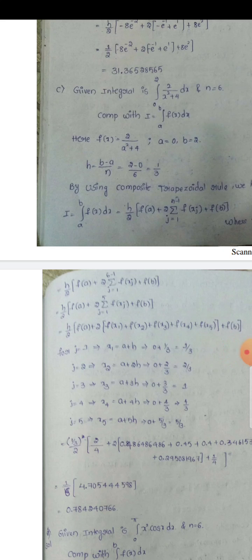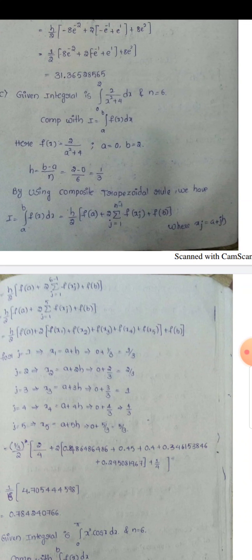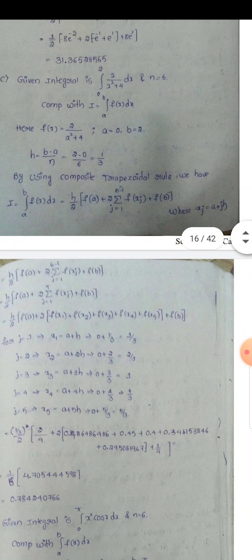Here h is 1 by 3, so we get 1 by 3 by 2 into 2 by 4 plus 2 into 0.0486 plus 0.45 plus 0.4 plus 0.3461 plus 0.2950 plus 1 by 4.